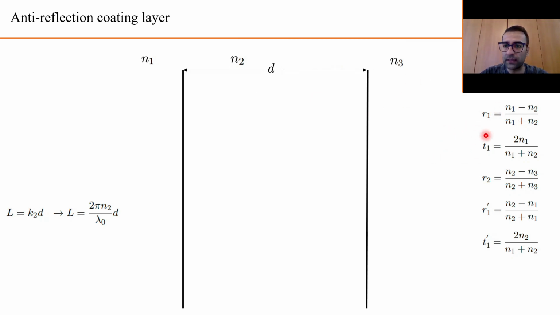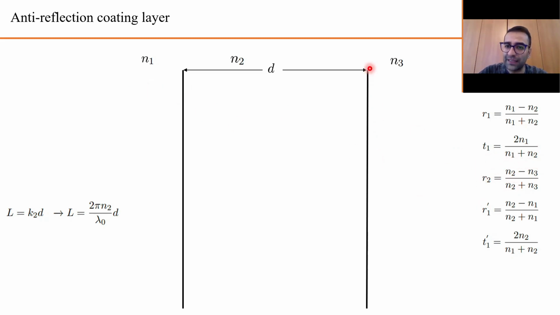Therefore, based on the Fresnel equations, we know that the Fresnel coefficient of this interface, which we define as r1, will be (N1 minus N2) divided by (N1 plus N2). And the Fresnel coefficient for the transmitted wave from interface 1 will be 2N1 divided by (N1 plus N2).